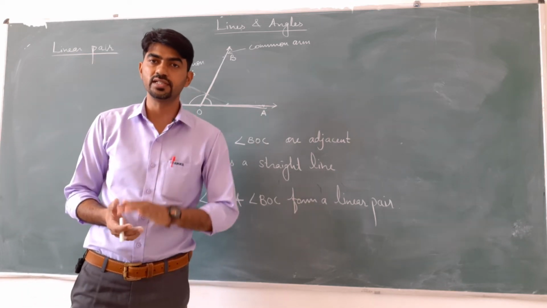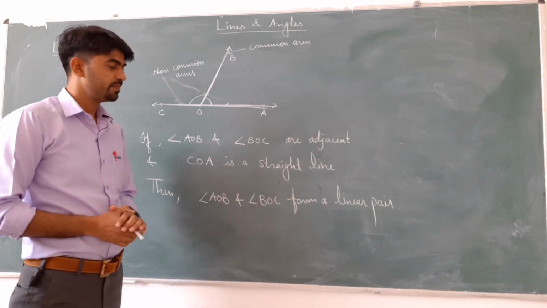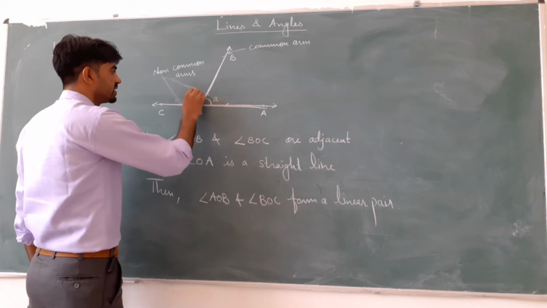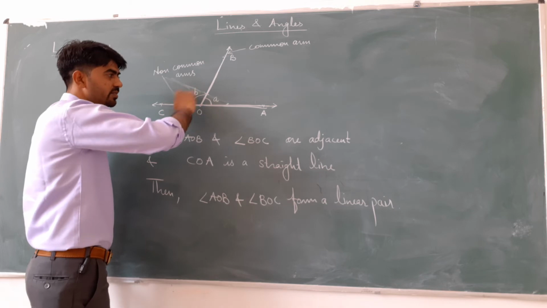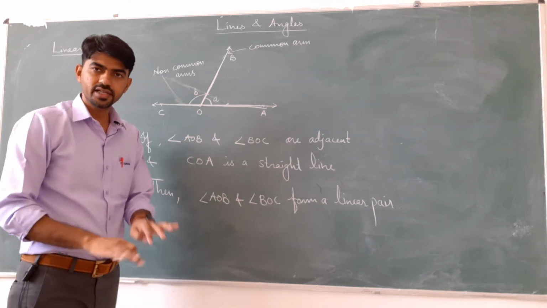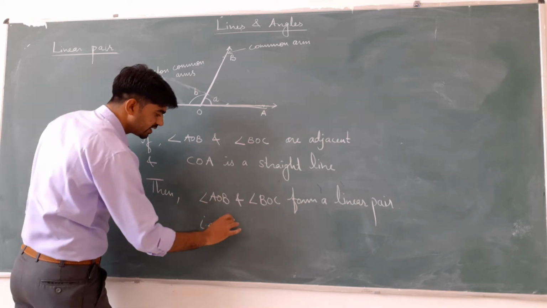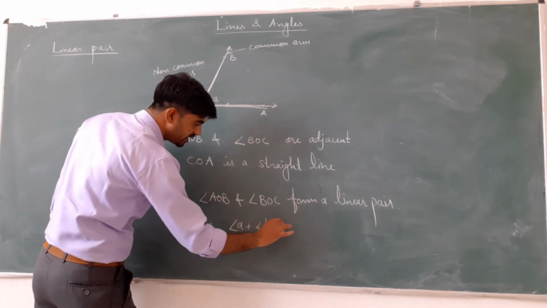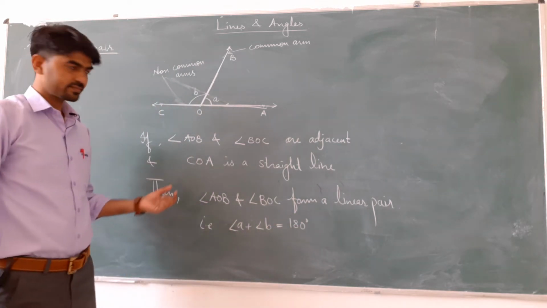Pair means only two angles are there. That's why we say linear pair. Now, if this angle is A and this angle is B and it is a straight line, it means A and B both are making together a straight angle. That is, angle A plus angle B is equal to 180 degrees.